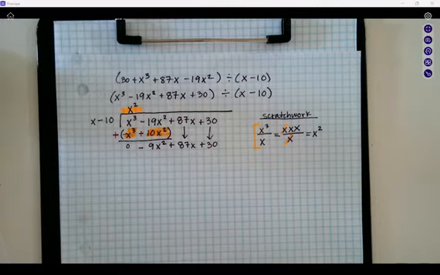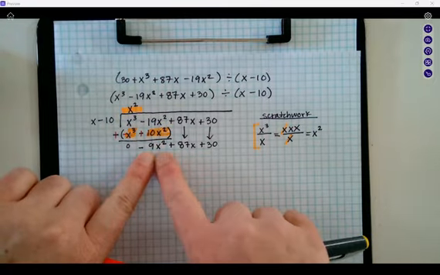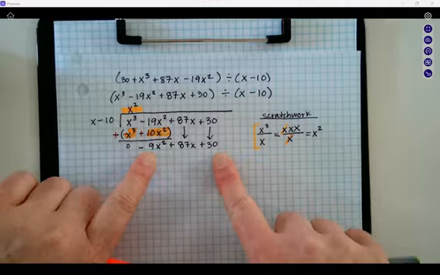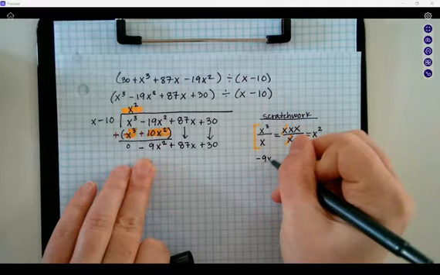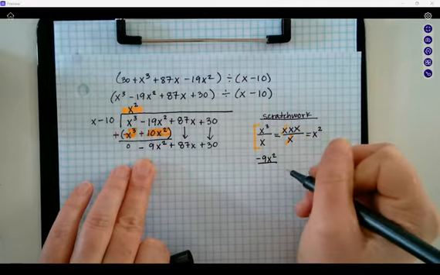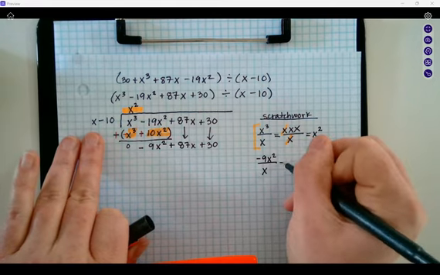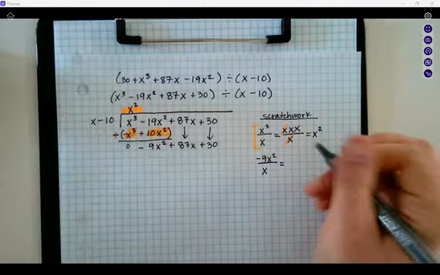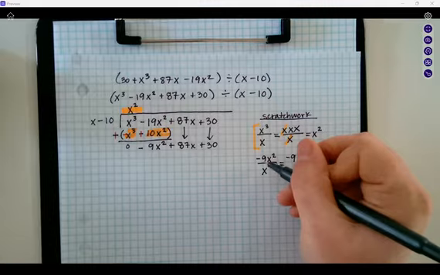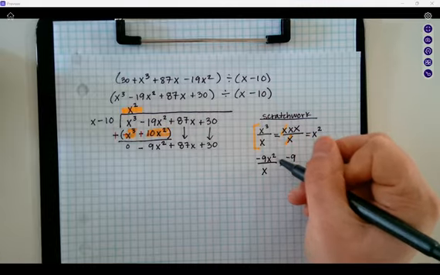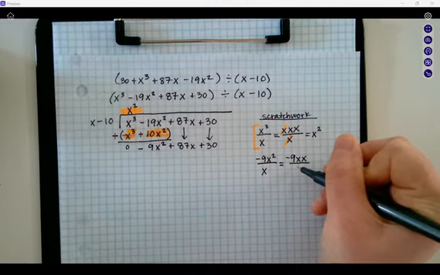Now I'm going to repeat that process, but this time using this remaining portion of my dividend. I'm going to take this negative 9x squared and divide it by the first term of my divisor. So negative 9x squared, that's the same thing as negative 9 times x times x. I'm expanding just to really emphasize the properties of exponents.